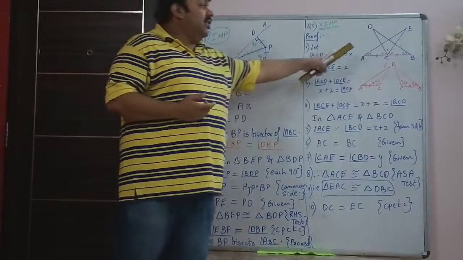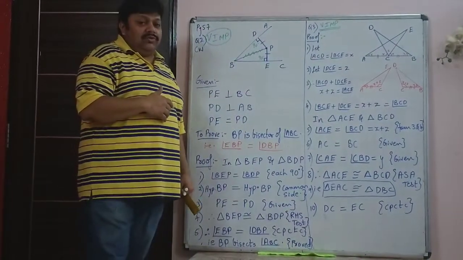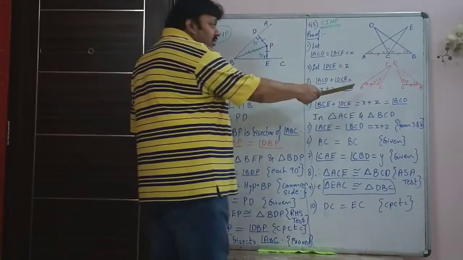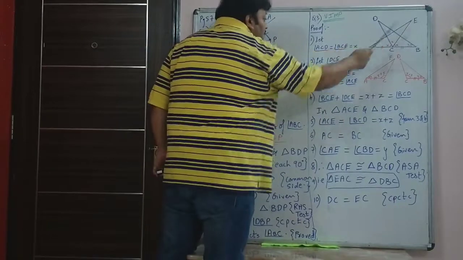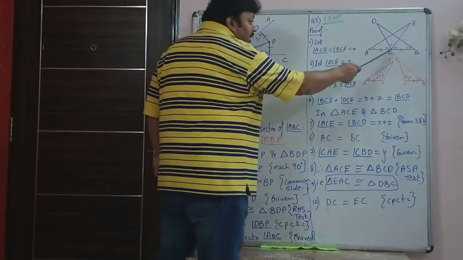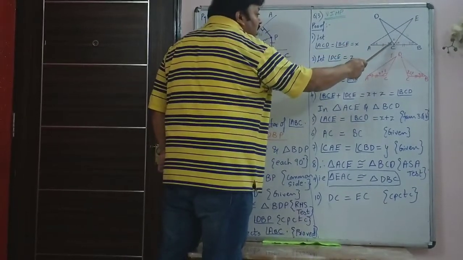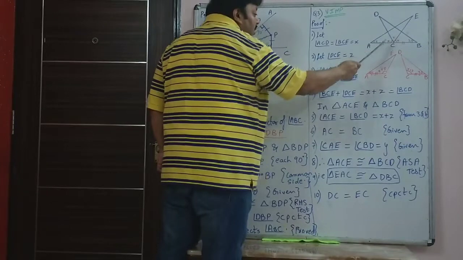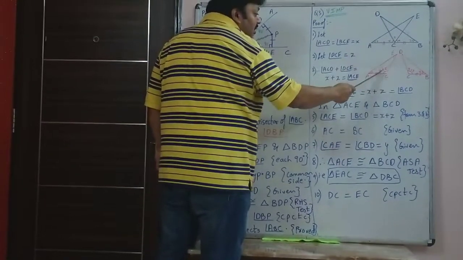If you look at the figure the way it is given in the question paper, maybe you get confused. But once you draw this, you immediately know that angle ACE is nothing but the addition of ACD and DCE. So it is X plus Z. So ACE is this X plus this Z.